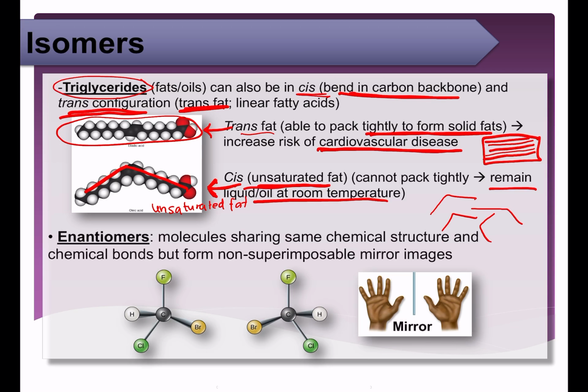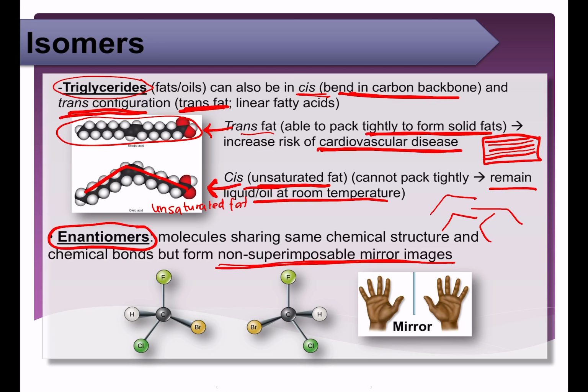And the last thing here is enantiomers, where again the molecules have the same exact chemical formula. The amount of different atoms is the same. The placement of atoms is about the same, but the molecules are actually superimposable mirror images of each other.